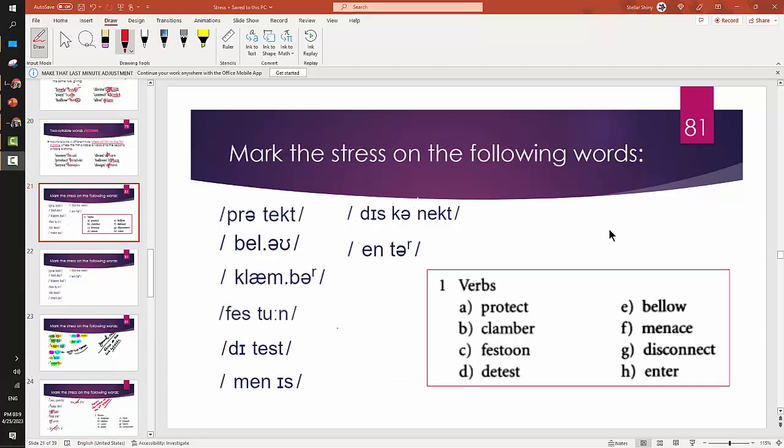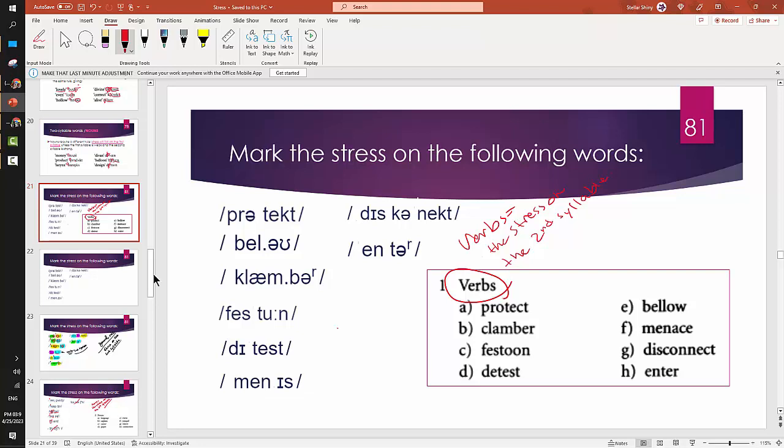Yeah, the first syllable is weak because of the short E sound, so we'll put the stress on the second syllable. Let's practice stress on verbs. So we have here those words. The general rule with verbs equals the stress on the second syllable.